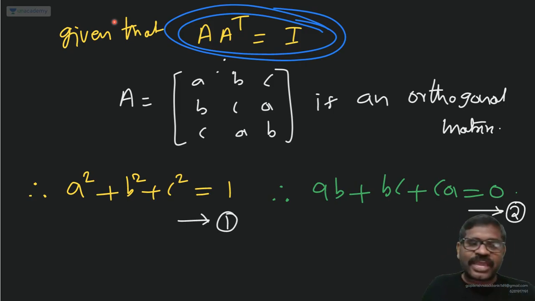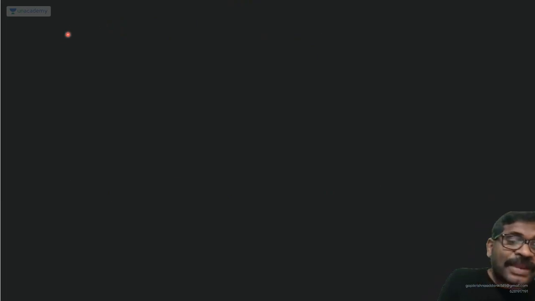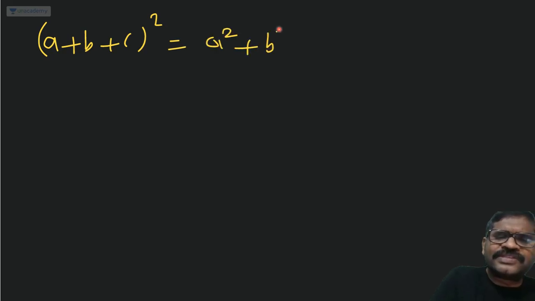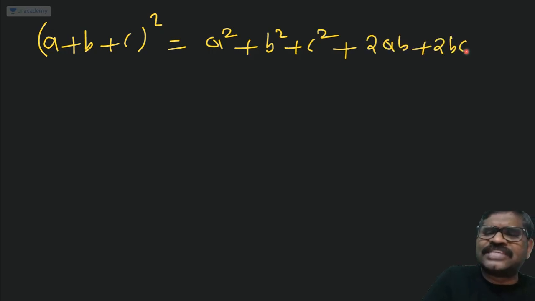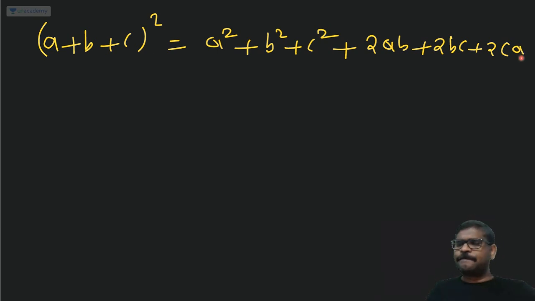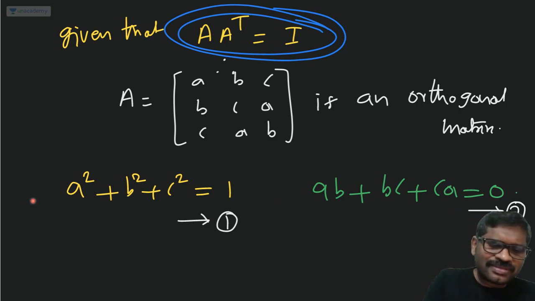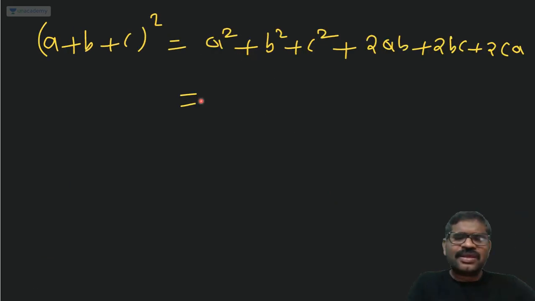Observe, a plus b plus c whole square equal to a square plus b square plus c square plus 2ab plus 2bc plus 2ca.